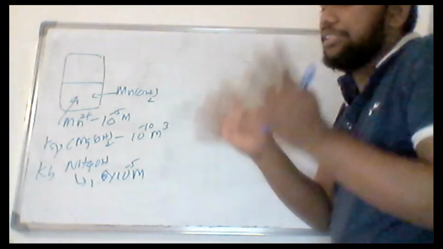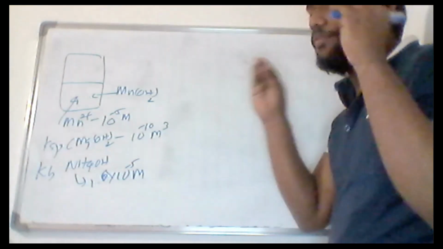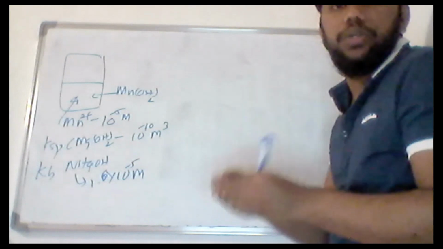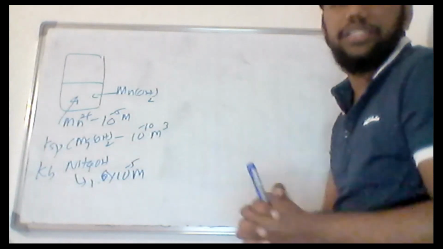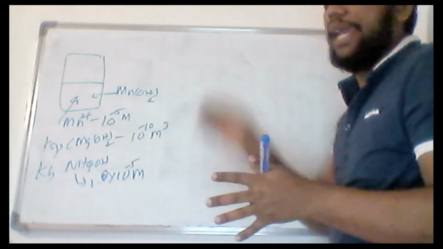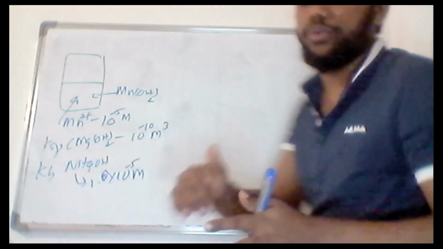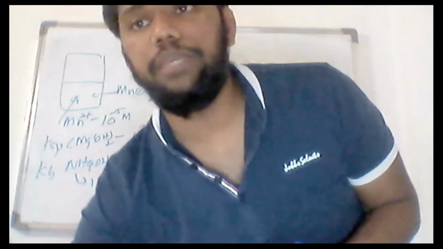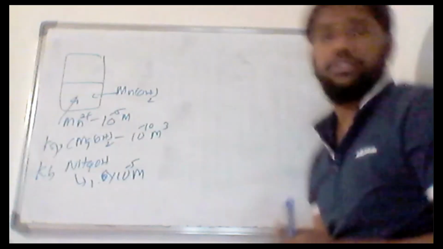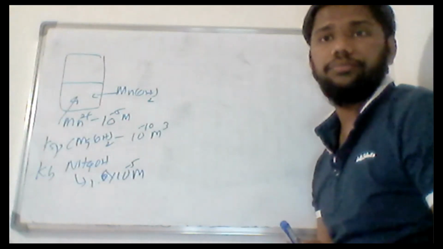If you have a solution that is saturated, you have the maximum amount of Mn(OH)2 dissolved in the solution, because any additional amount of Mn(OH)2 added to the solution will be precipitated out. So that is the idea.